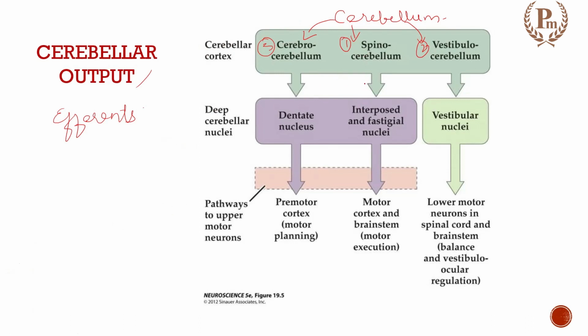Spinocerebellum gives an efferent via the interposed and the vestigial nuclei. Interposed and vestigial nuclei are going to go to the motor cortex and the brainstem. In the brainstem, please remember, it will go to the red nucleus and the reticular formation.